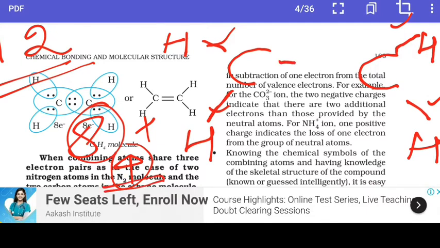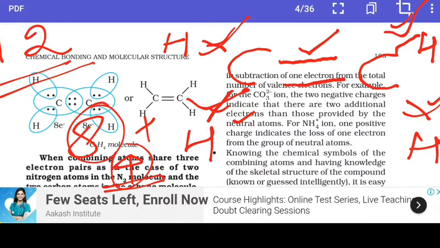So we make a single bond here. Now we have 2 electrons more and one single bond also, so we have no free electrons, and a total of 12 electrons used. You may calculate: 2 electrons from here, 2 to 4, 4 to 8, here 10, here 12.